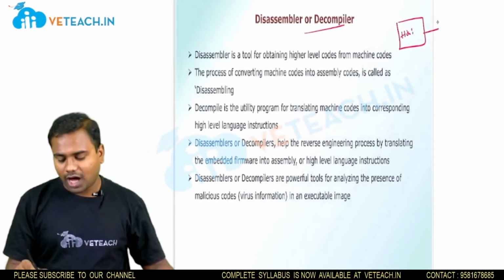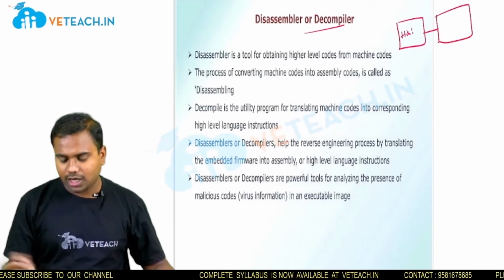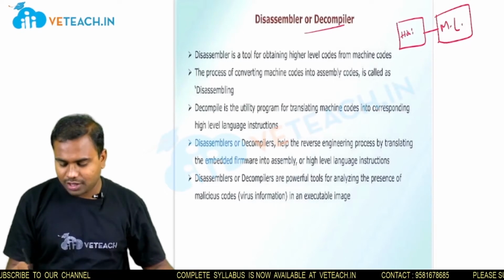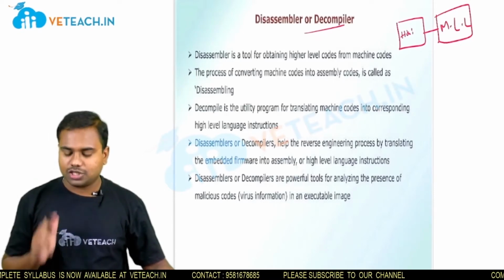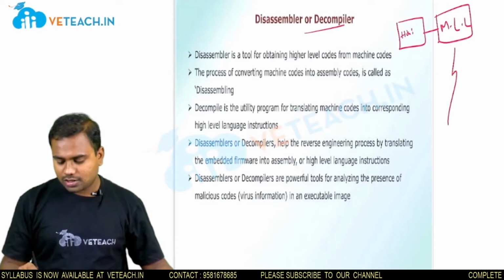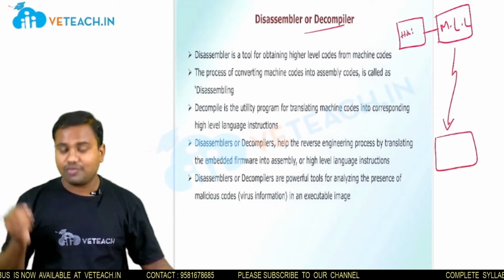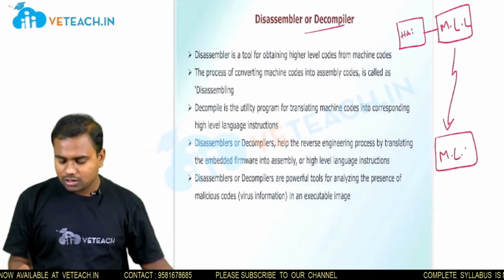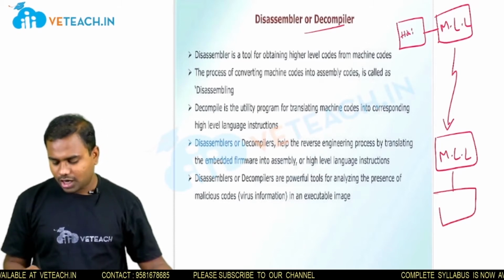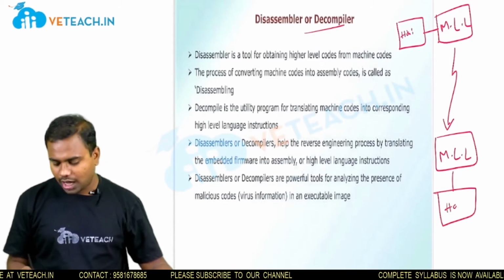I type hi in my mobile, and it is converted to machine level language, which is understood by the system. Then this machine level language message is forwarded to the receiver path, and there it is converted back to the hi message.